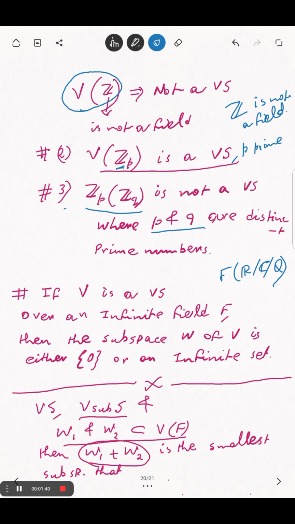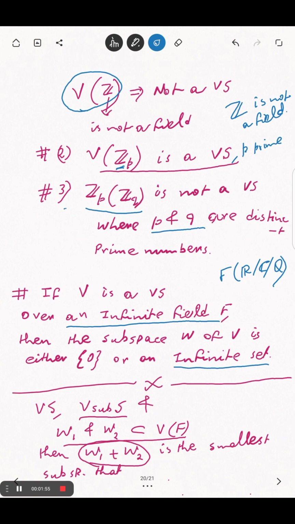Now, if V is a vector space over an infinite field F, like R or Q, then the subspace W is either the trivial zero space or an infinite set.